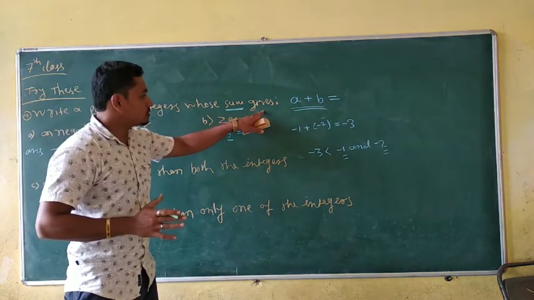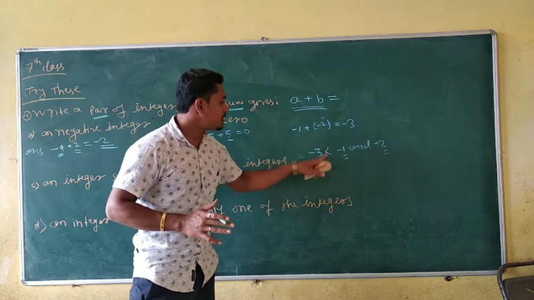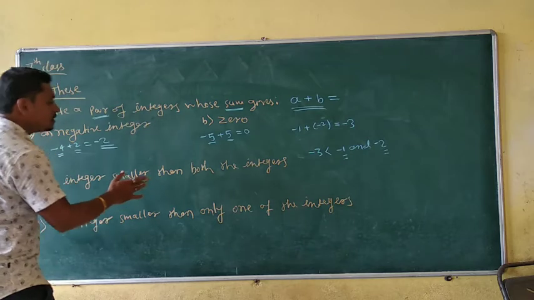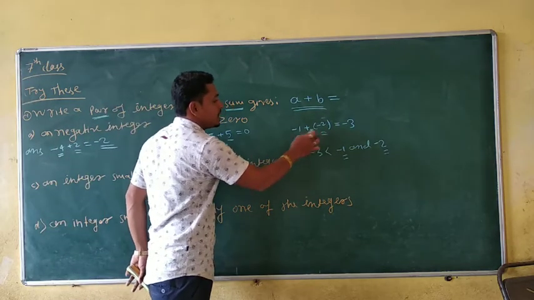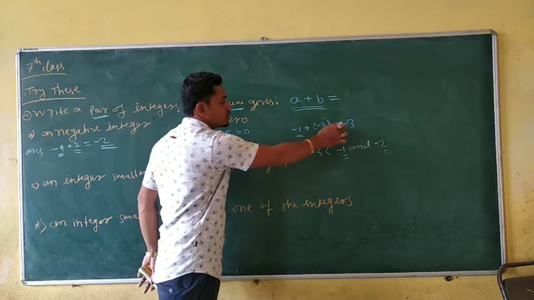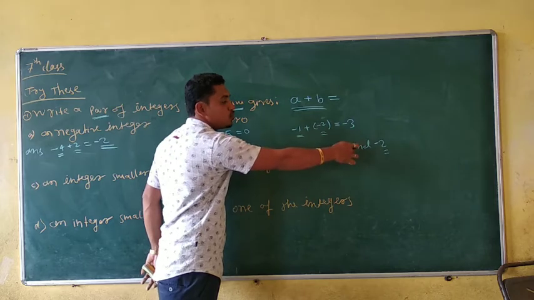The sum is minus 3, and minus 3 is smaller than minus 1 and minus 2, which means minus 3 is smaller than both the integers. These are the pair of integers, minus 1 and minus 2. Minus 1 plus minus 2 gives rise to minus 3, and this minus 3 is smaller than both the integers.